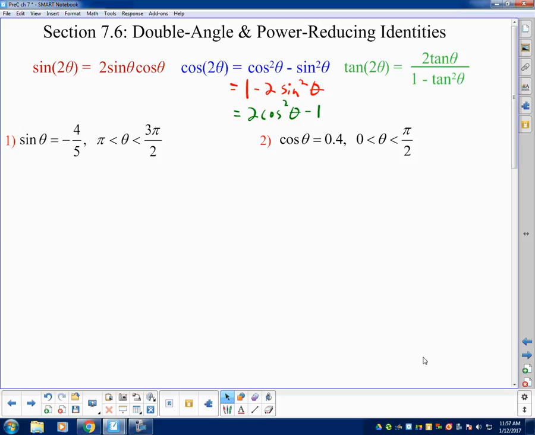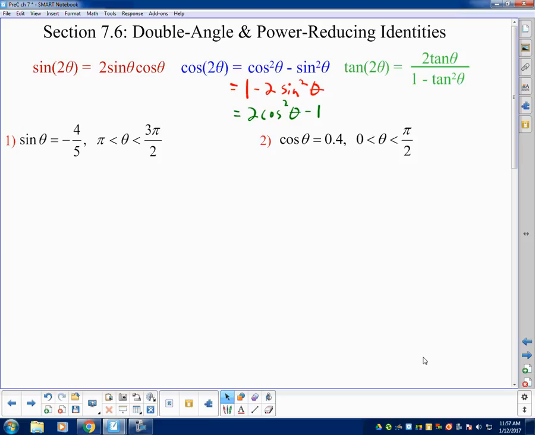But the other way we use this is in calculus. Before you do the derivative or integral of certain functions, we will apply these identities to simplify those expressions before we can integrate or differentiate. So that's where you'll see it next year.